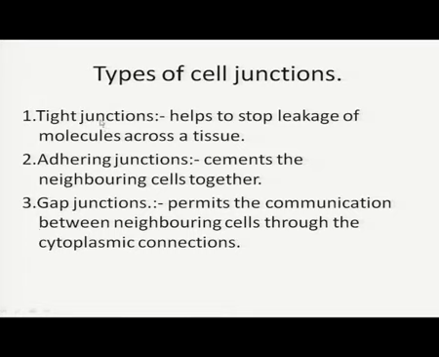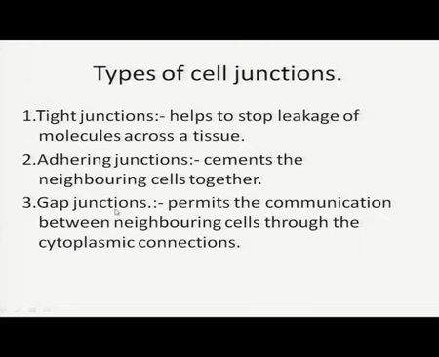First one, tight junctions. If the cells are arranged very compactly, very tightly, it will stop the leakage of molecules across the tissues. So, these tight junctions help to stop leakage of molecules across a tissue. The second category, adhering junctions, will cement the neighboring cells together.